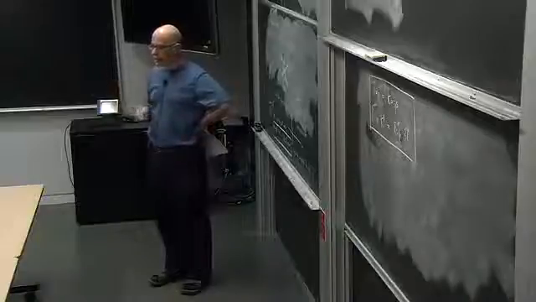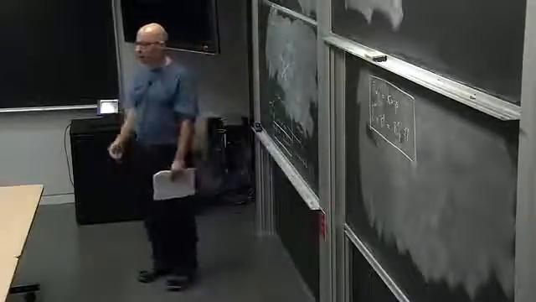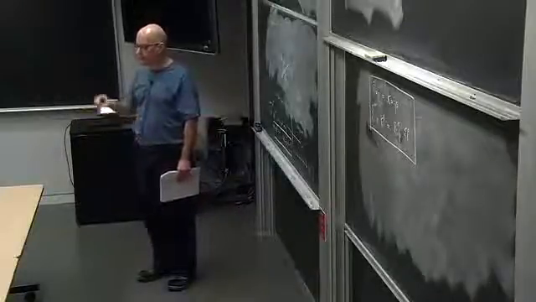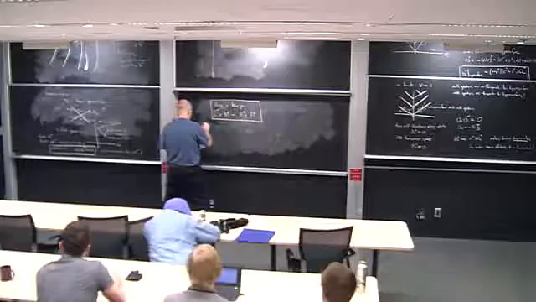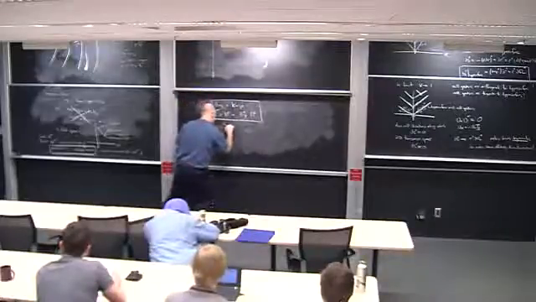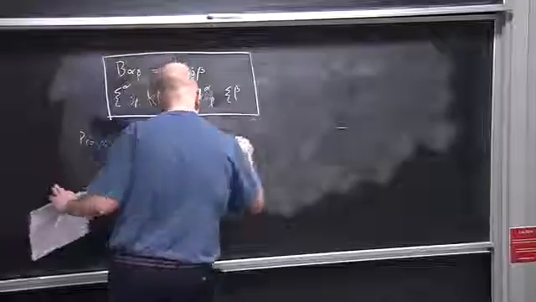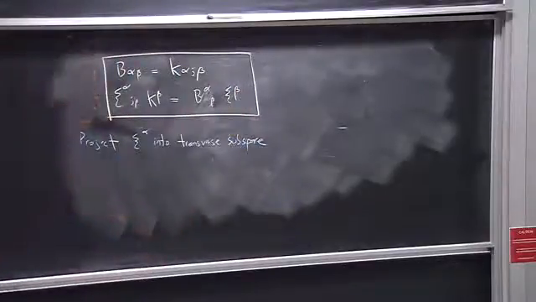In the timelike case, we never needed to think about it. But here, we would like to turn this into something a bit more useful. And in fact, we would like to project the deviation vector into the transverse subspace and only deal with those components that live in the transverse subspace. So the first requirement is to project C into the transverse subspace in order to do what we really want to do, and that is to describe the transverse behavior of neighboring geodesics.